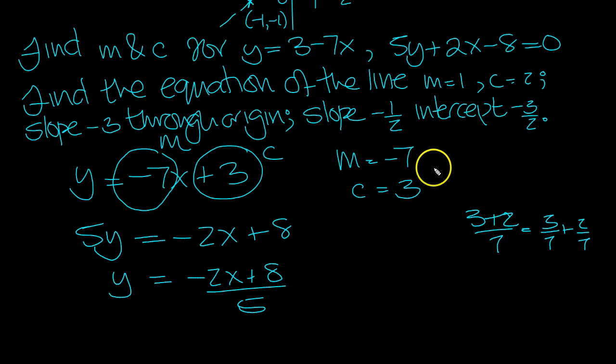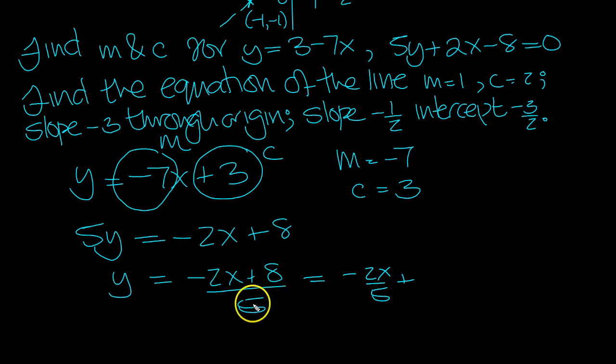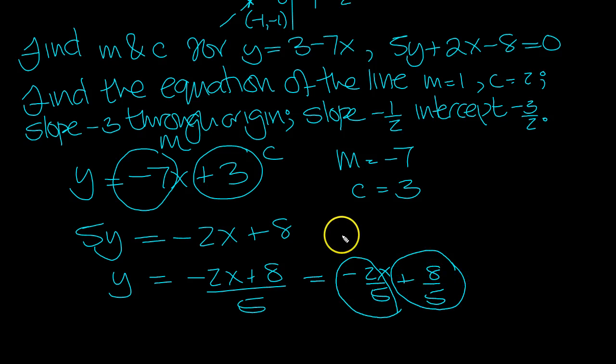That's how you split a fraction up. So it's no different in principle, even though there are more awkward terms in this example. So it'd be the first term over what's underneath, minus 2x over 5, plus the second term over what's underneath, 8/5. So our gradient is the number of x's, and our intercept is that value there. There's m, there's c.